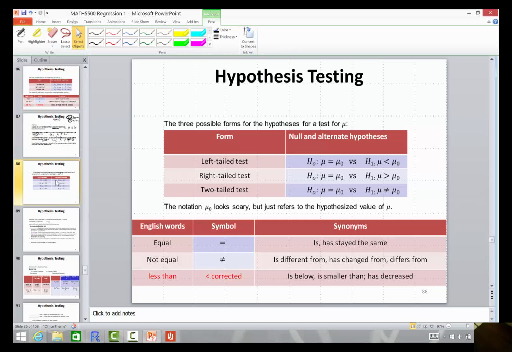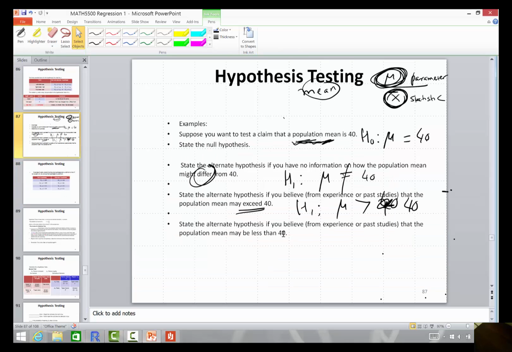Okay, so let me go here. The population mean is mu less than 40. Remember, this is H1 and this is mu. I should be writing in this way, but I just do this. Don't be confused. This is mu. Mu means the population mean.